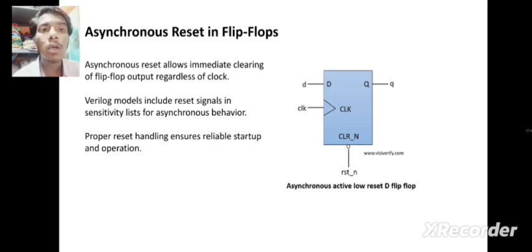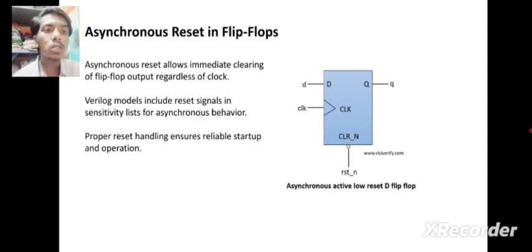Asynchronous reset in flip-flops. The asynchronous reset allows the immediate clearing of a flip-flop output regardless of the clock. The Verilog models include the reset signals in the sensitivity list for asynchronous behavior, and proper reset handling ensures reliable startup and operation.